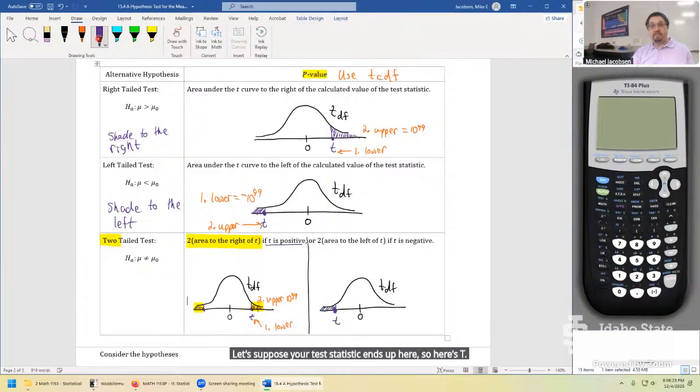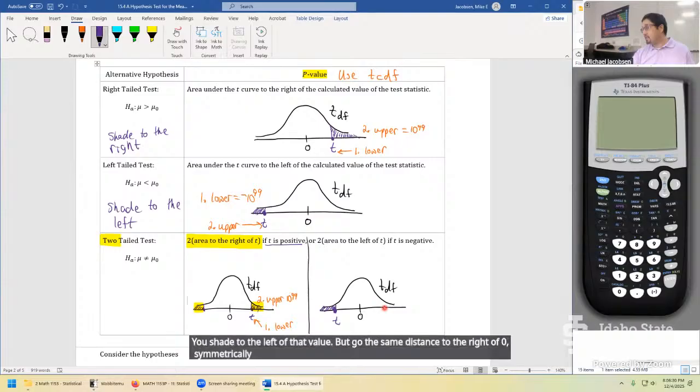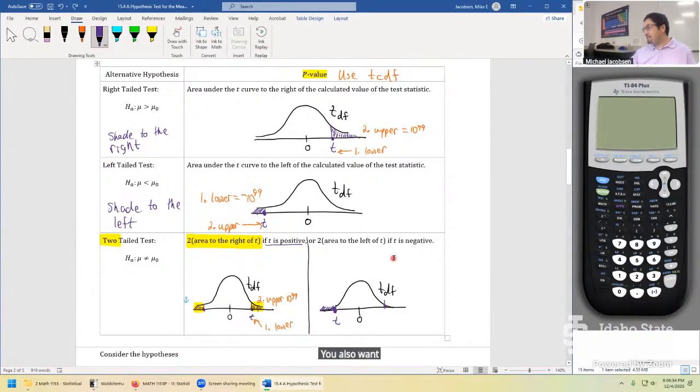You would shade to the left of that value, but go the same distance to the right of 0, symmetrically to this end. You also want that area at the same exact time. So we have to do twice the area to the left of t so that we get the entire area for the two-tailed test.